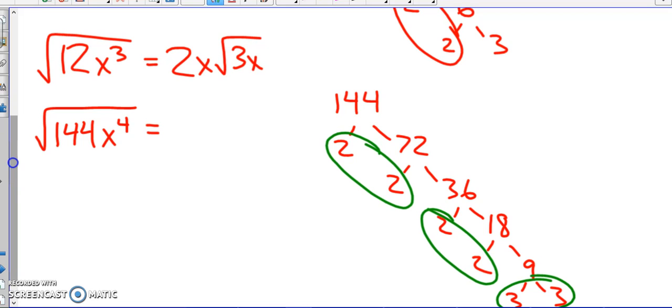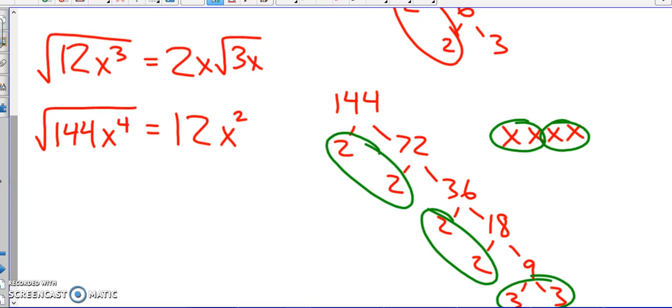So that would make a 12. And then x to the fourth. And if I'm taking a square root, I've got a set and a set. X times x is x squared, because I've got 2 sets of x multiplied together. Okay.